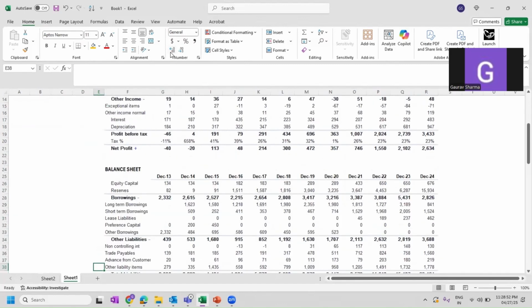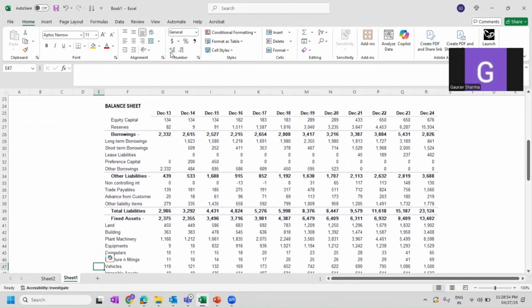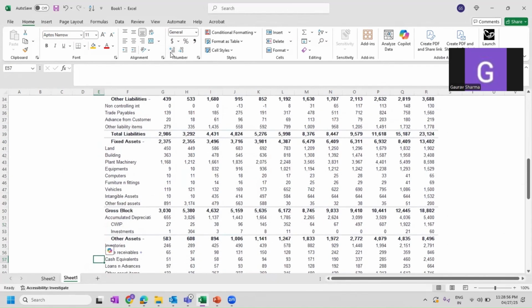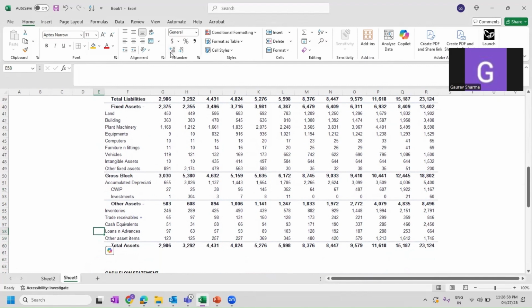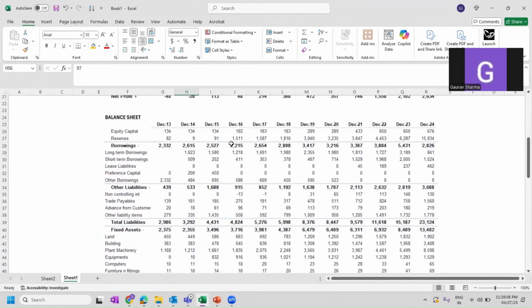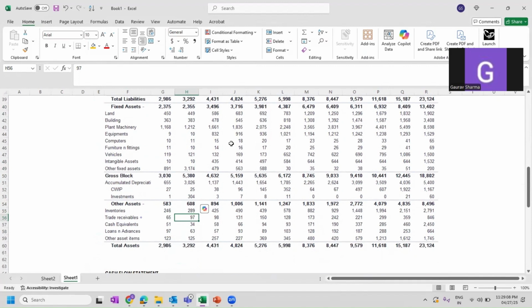Let's see what the balance sheet shows. Yeah, so this is our trade receivable balance. At the end of the year 2013, the balance was 65. And at the end of the year 2014, the balance is 97.